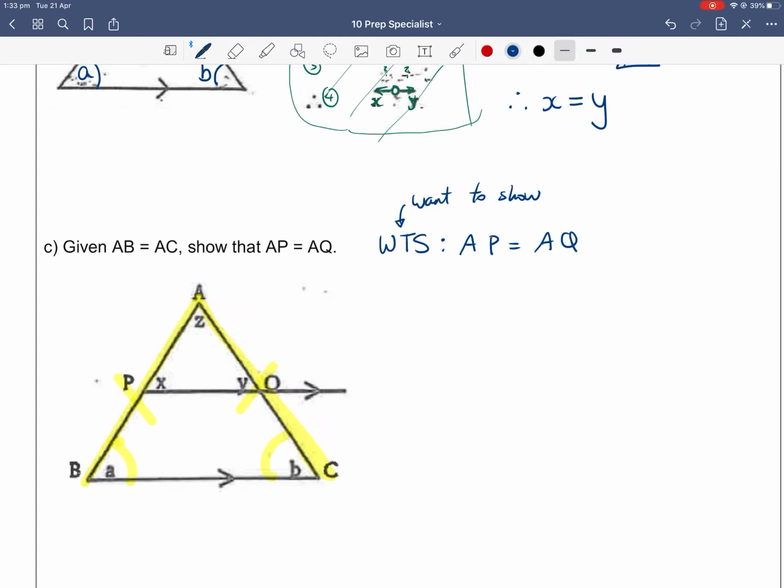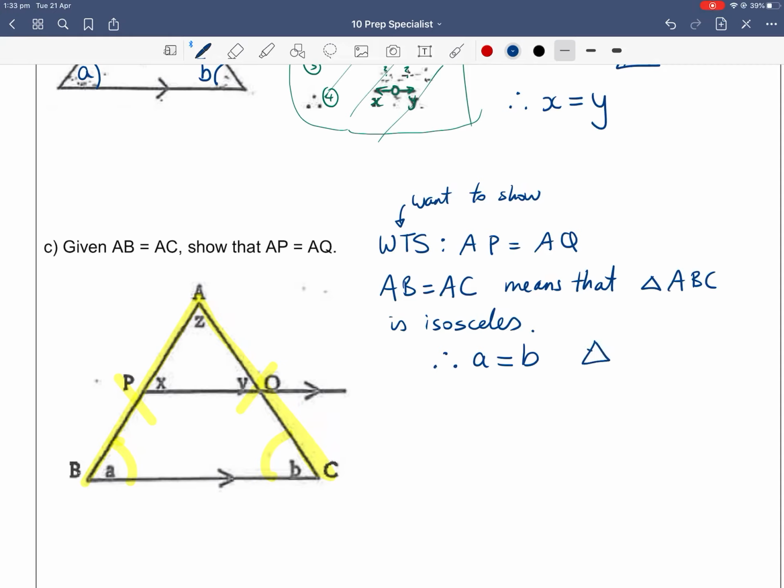Given that AB is AC in length, it means that triangle ABC is an isosceles triangle. If triangle ABC is isosceles, that tells us that angle A, at the bottom left corner, is the same as the bottom right corner angle B because of the isosceles triangle rule.